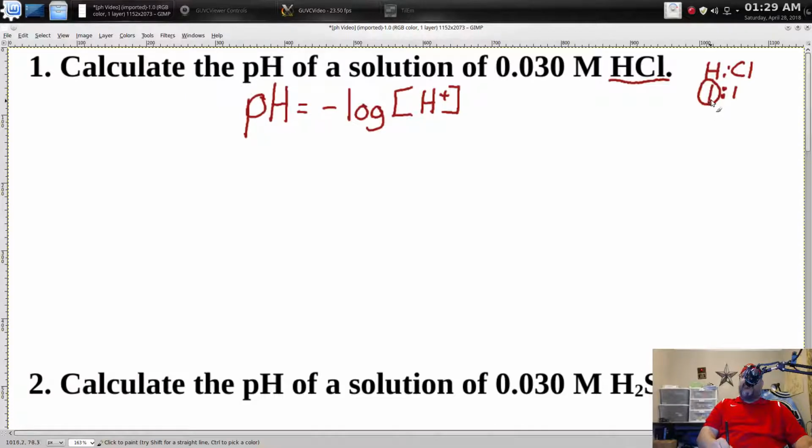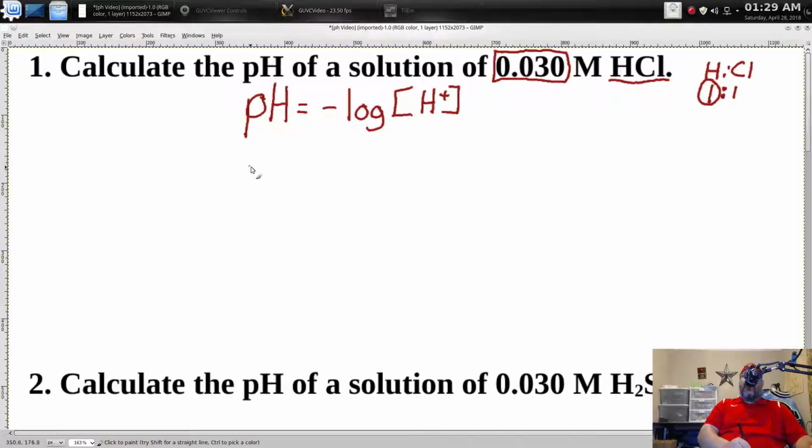Now, if this number is 1, we don't have to do anything special to our molarity, our concentration. Basically, if this is a 1, then this number here, 0.030 molar, will be used in this formula.